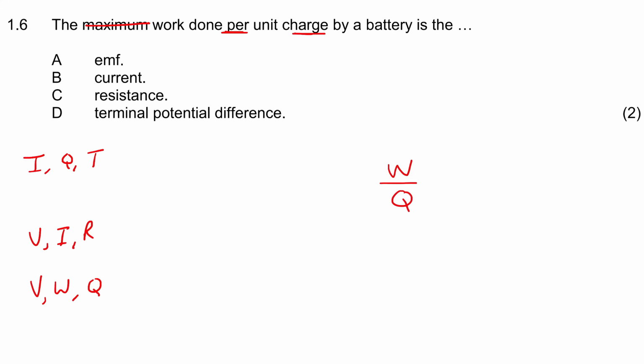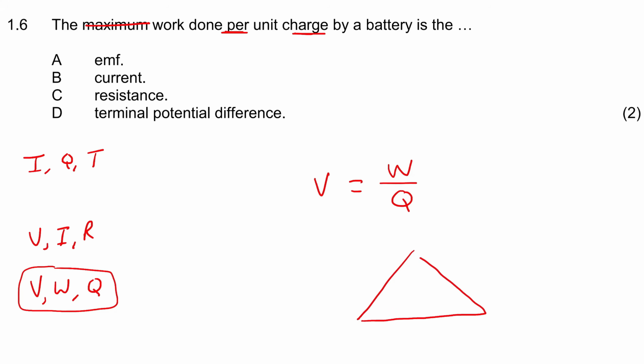Now charge is Q. So they're definitely looking at this part over here, and we should remember that we have this formula, the triangle that goes W at the top and then V and Q at the bottom, and we've learned how to use these triangles before.